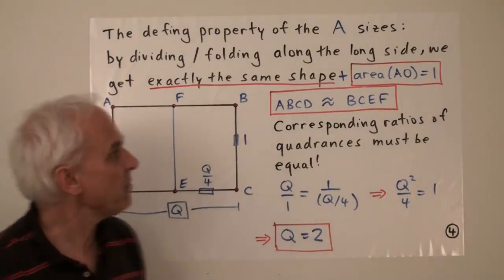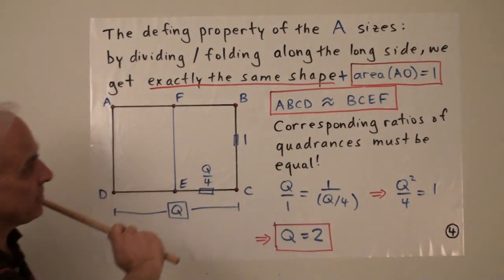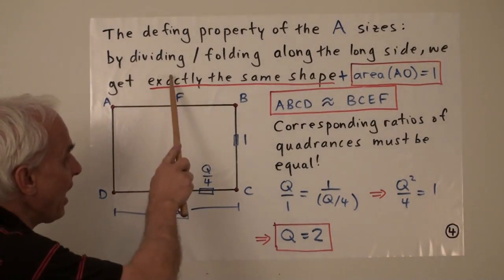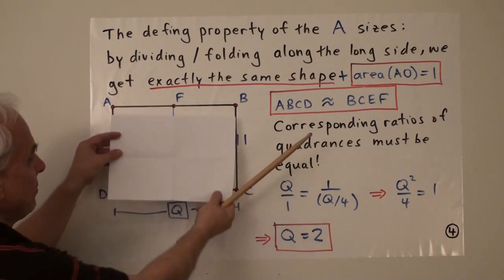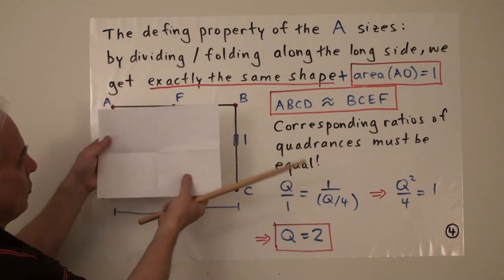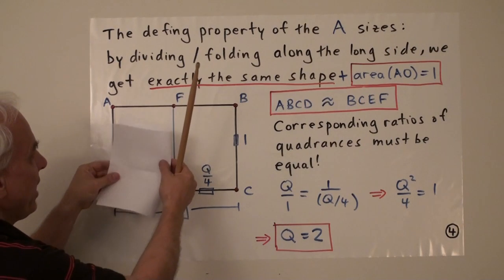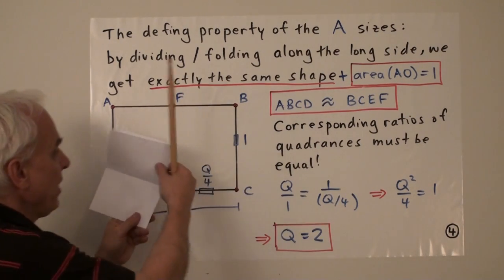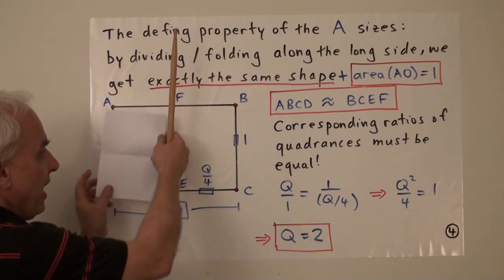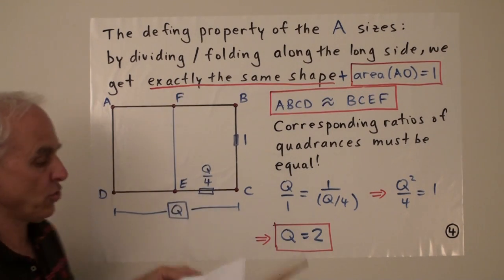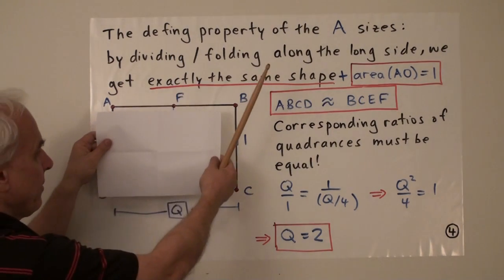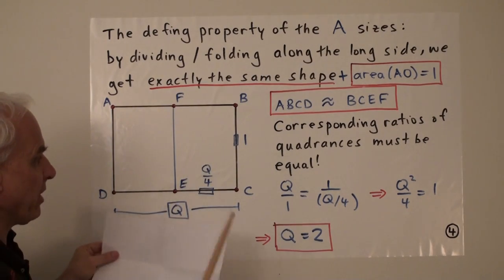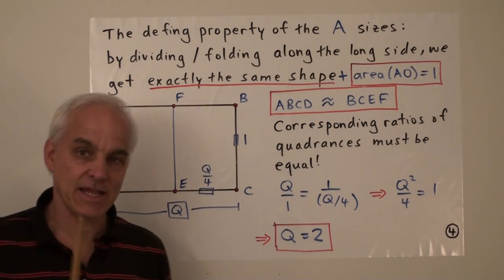So the defining property of the A series of sizes is that by dividing or folding along the long side, we get another piece of exactly the same shape. In other words, this folded thing is similar to the original. And that means that corresponding ratios of sides have to be equal.